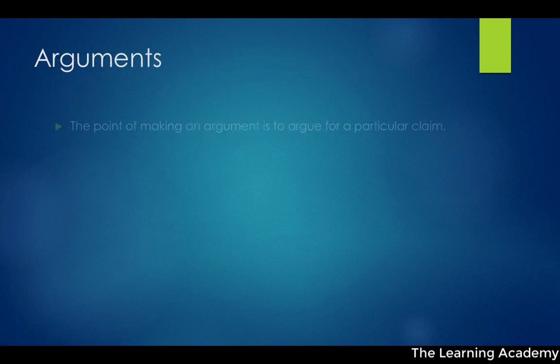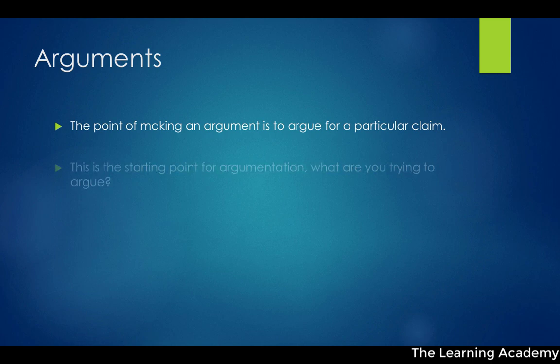So the point of making an argument, as we know, is to argue for a particular claim. Okay, I want to argue that this thing is true, or that this thing is false. Okay, and really, this is the starting point for trying to build an argument. What am I trying to argue? What kind of position am I trying to argue for?